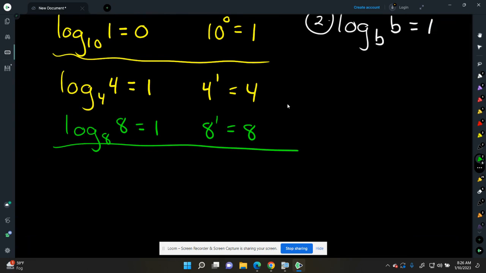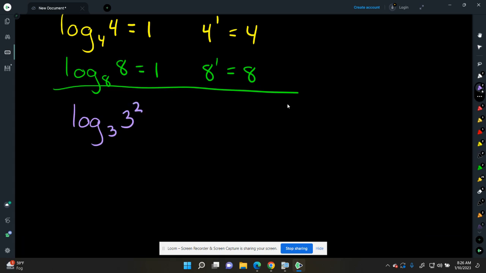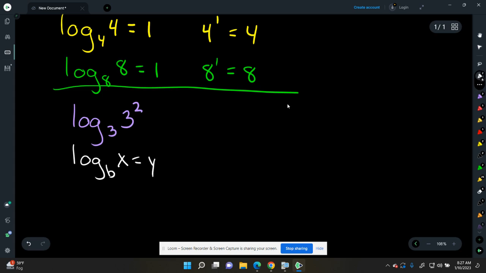Let's say that we have log base 3 of 3 squared. What do you think? So remember our definition. Our definition said if the log base b of x is equal to y, then b to the y equals x.